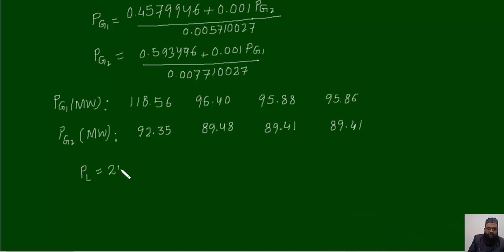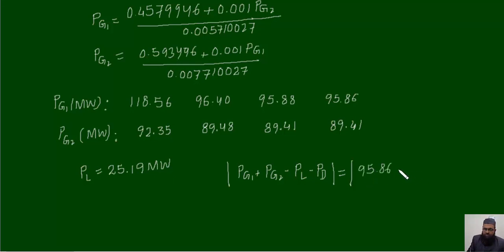I am writing the values directly, just calculate yourself: 25.19 megawatt. Now check the magnitude of PG1 plus PG2 minus PL, the loss, minus demand PD.